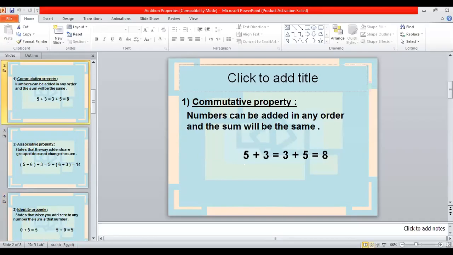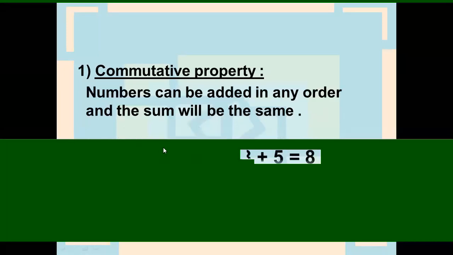the first property is called the commutative property. It means if we change the order of the addends, it doesn't change the result.